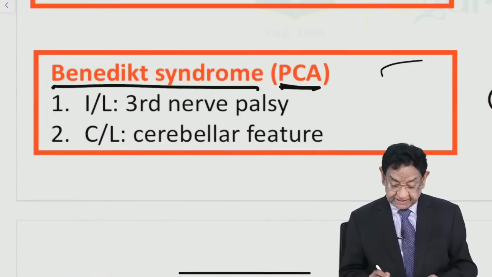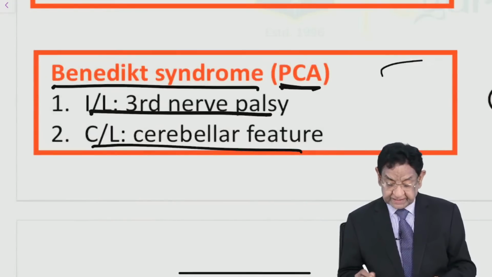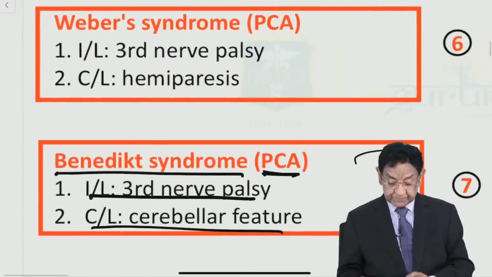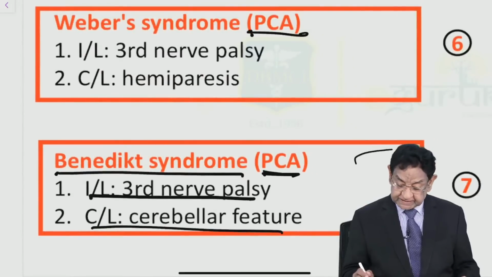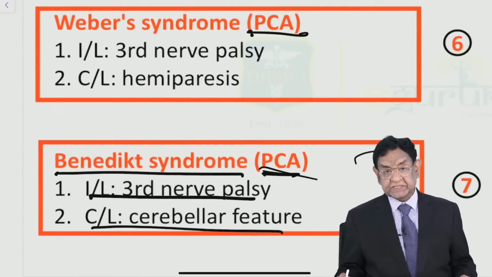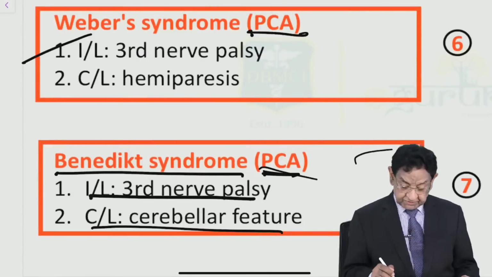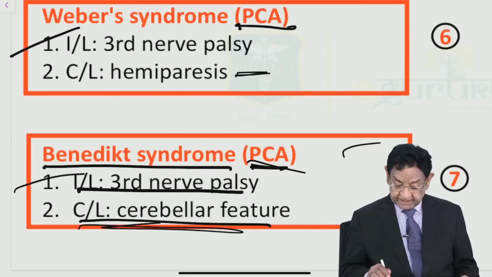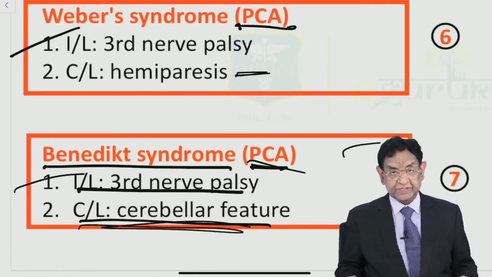Artery involved PCA, ipsilateral third nerve, contralateral cerebellar feature. Just to remind you, in Weber syndrome also PCA, posterior cerebral artery, third nerve. But there we get crossed hemiplegia, and here we get cerebellar feature.